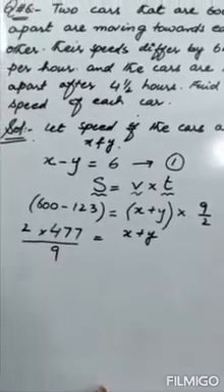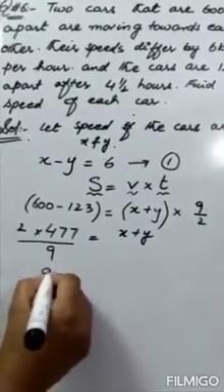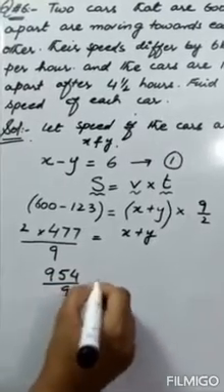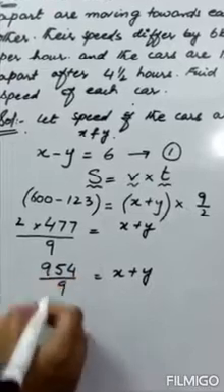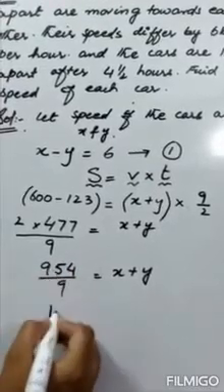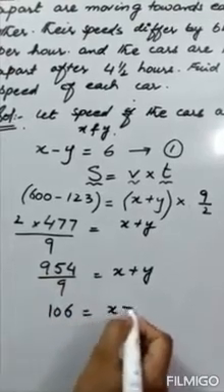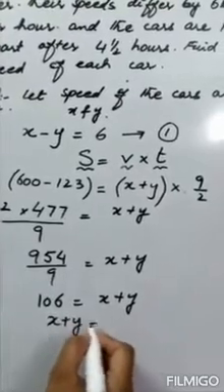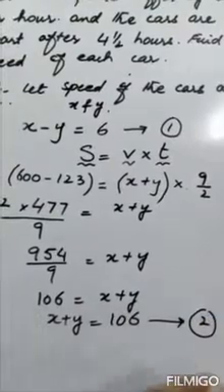Now 477 multiplied by 2 is 954, divided by 9. 9 into 1 is 9, then 0, then 9 into 6 is 54. Now we have this equation number 2: x plus y is equal to 106. This is your equation number 2.